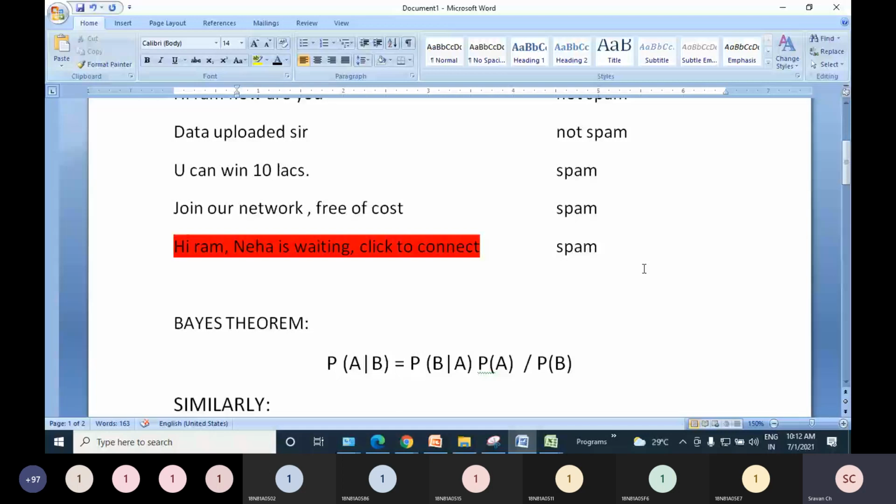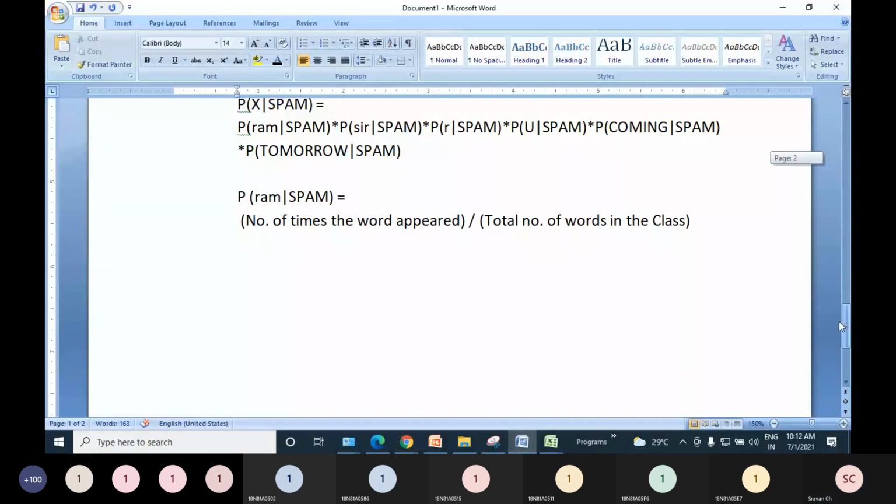Let us count now. U is one word, can is second word, win is third word, then 4, 5, 6, 7, 8, 9, 10, 11, 12, 13, 14, 15, 16, 17, 18, 19. So the total number of words in the spam class is 18 or 19.